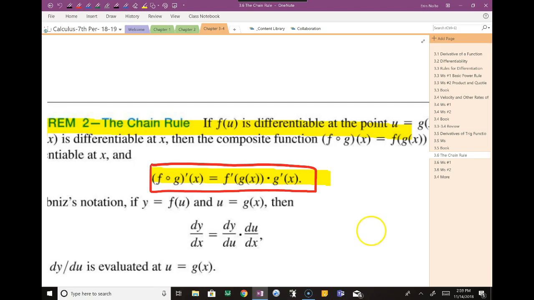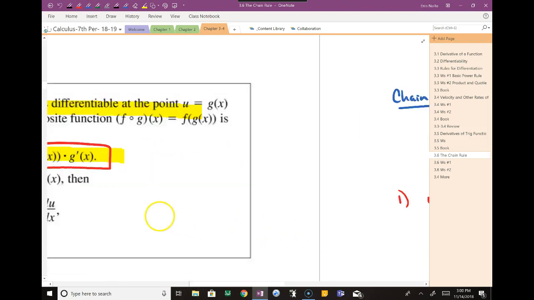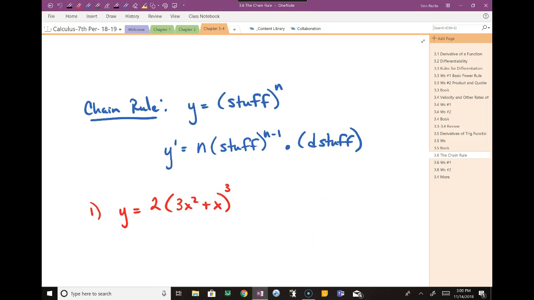If you don't like the notation, I did write this in a different notation. Anytime you have some stuff inside of parentheses with an exponent, you can use the chain rule.